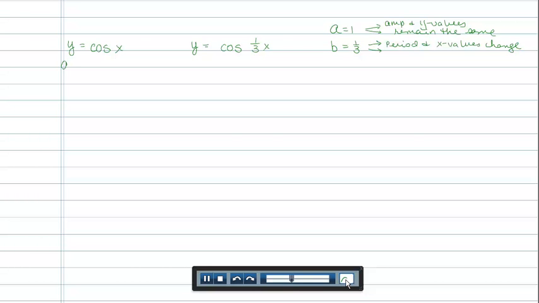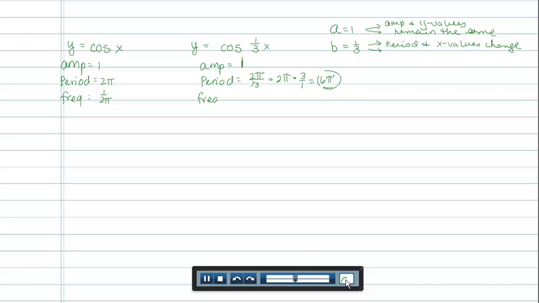Alright, amplitude for the cosine is 1, period is 2 pi, frequency is 1 wave in 2 pi. For the new curve that we have, the amplitude is 1. The period is 2 pi over b, so 2 pi over 1/3. And in terms of math, that is 2 pi times 3/1, so 6 pi. So the period is 6 pi.